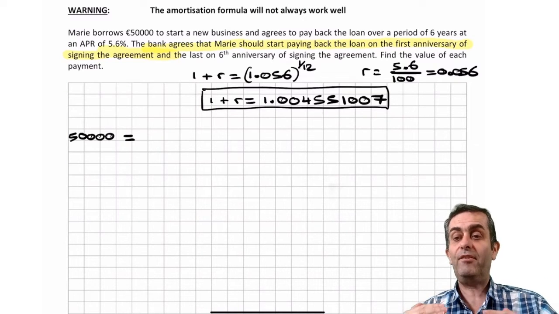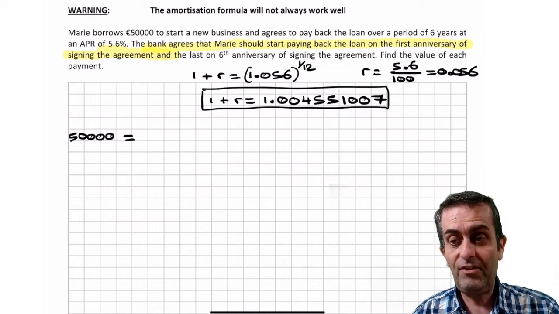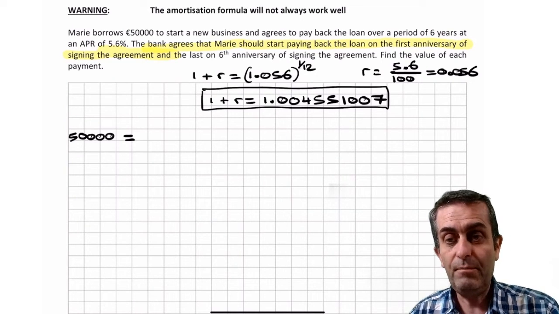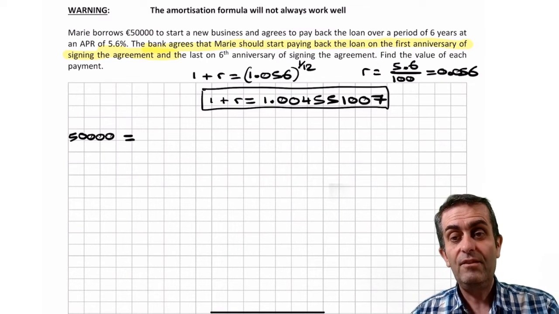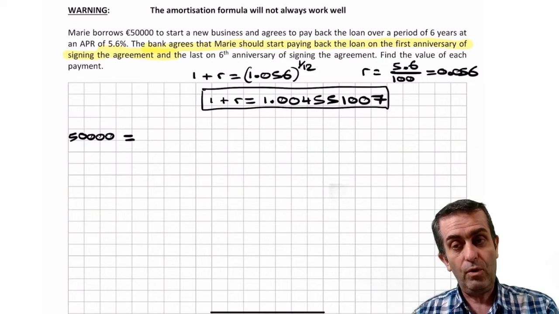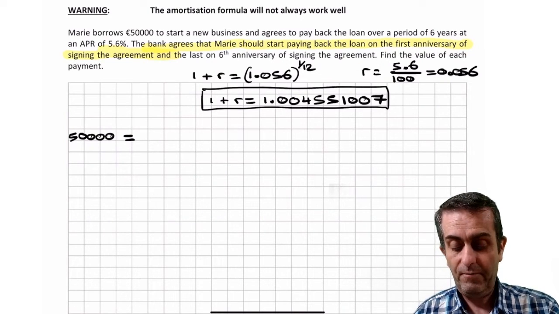Now, it's a loan, so I'm expecting the value to be decreasing. And because I'm expecting it to be decreasing, I feel that I should be dividing by 1 plus r to the power of the amount of time that has passed. Remember, for savings accounts, funds go up, so you multiply. For loans, funds go down, so you divide.